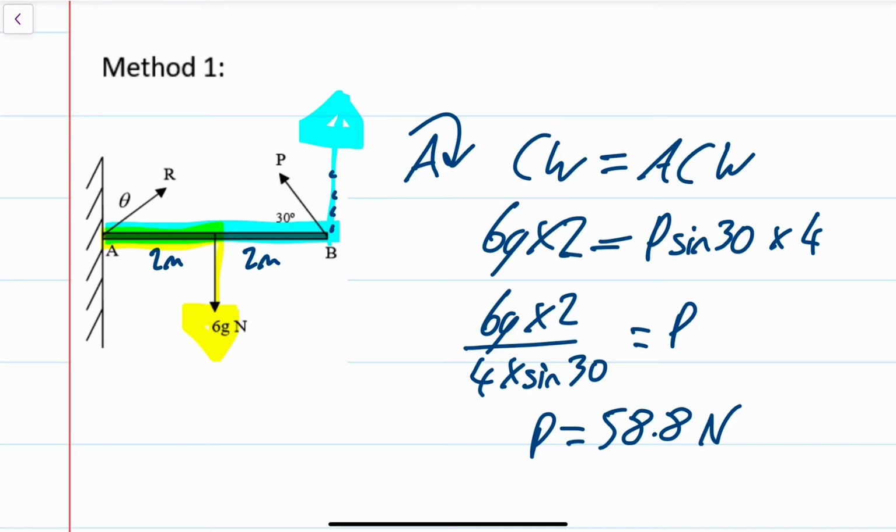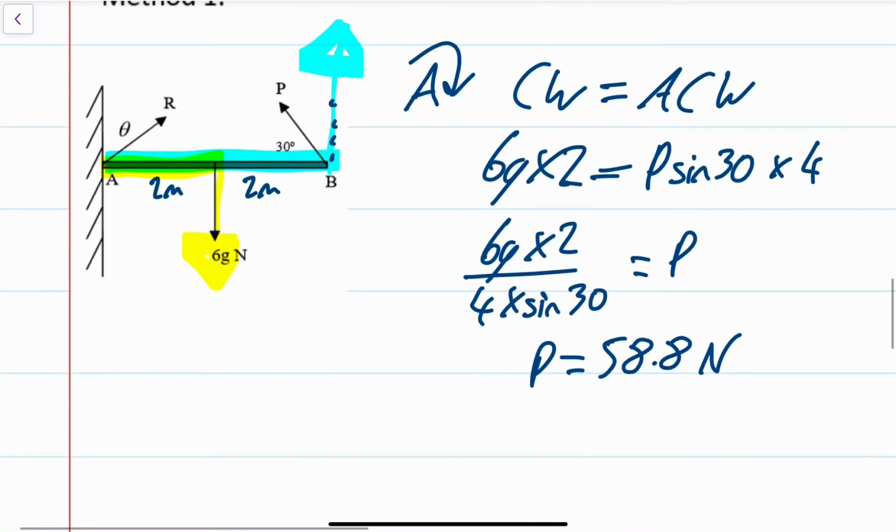I really should show a few more decimal places, because I'll be using that in a second. Let me just check that. 6 times 9.8 times 2, divided by 4 and divided by sine 30. Yep, 58.8 is exact.